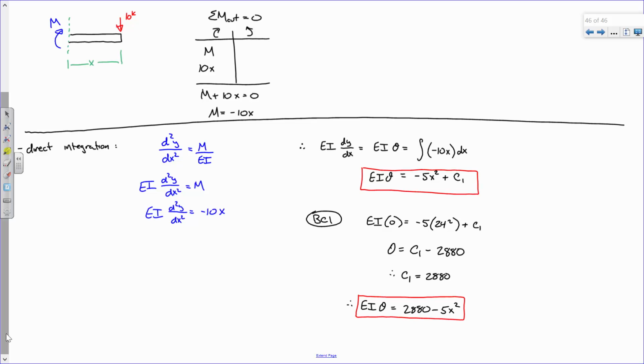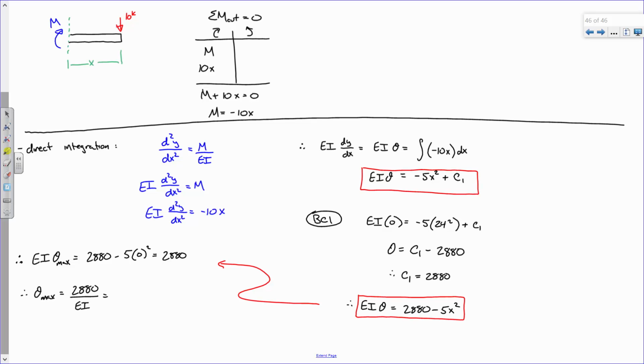So therefore, EI times theta max is 2880 minus 5 times 0 squared, which is 2880. So therefore, theta max is 2880 over EI.